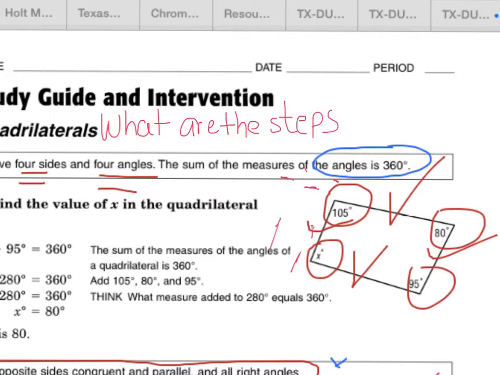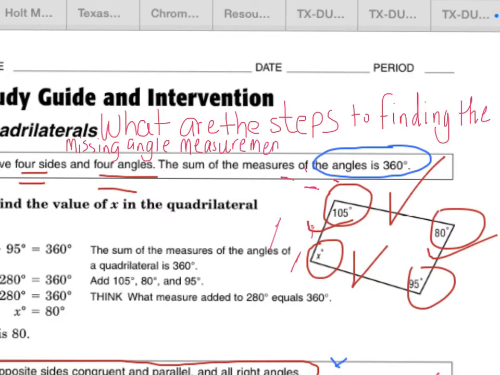What are these steps to finding the missing angle measurement of a quadrilateral?